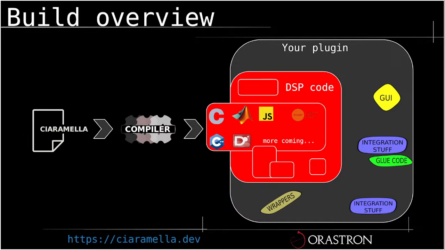The idea is to not break your workflow, to not break your plugin. You are not forced to rewrite your plugin again to use Ciaramella. You can use Ciaramella to just code some parts of your plugin, okay? And this is the keep it simple philosophy, I think.